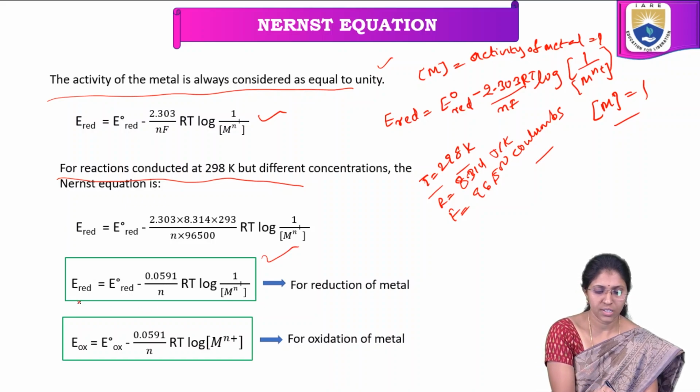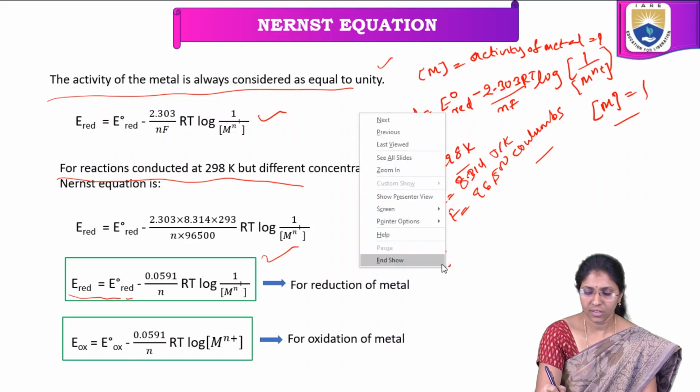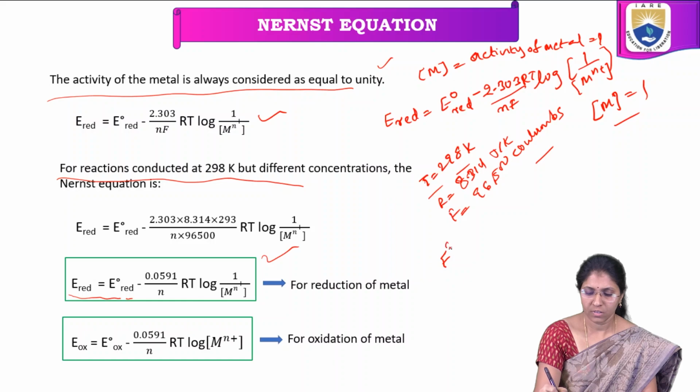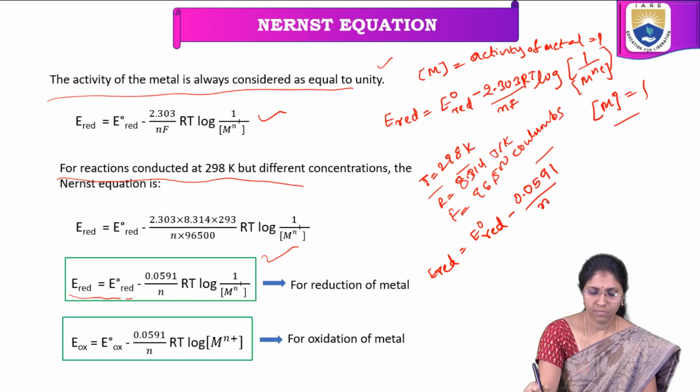So the total value is E reduction equals E naught reduction minus 0.0591 by n log 1 by concentration of M^n+ metal ion.